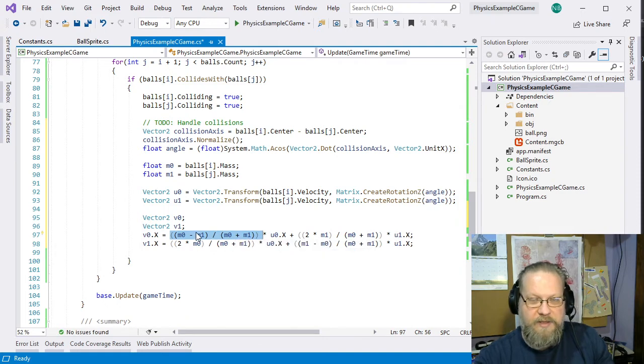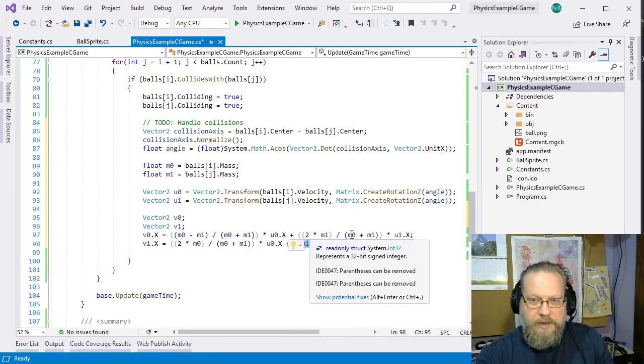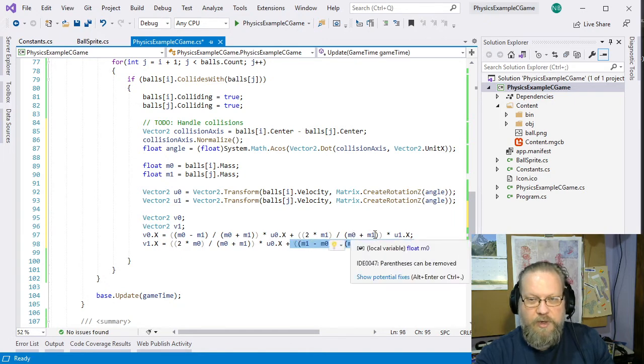Now, if they happen to be the same mass, this actually becomes much easier because this becomes 0 divided by the sum of the masses. So this whole term drops out, as does this term, and you're left with 2 times the mass of one divided by the mass of one plus the mass of the other, which is also 2 times the mass of one. So these numbers cancel out or divide into 1, and you just end up with the old velocity of the other in the x direction.